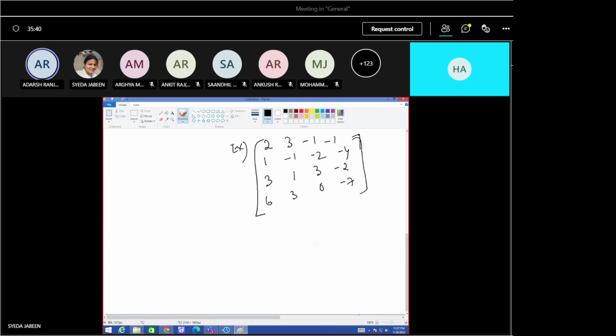Ma'am, fourth row, third element is 0 or 6? It is 6 and this is 0.